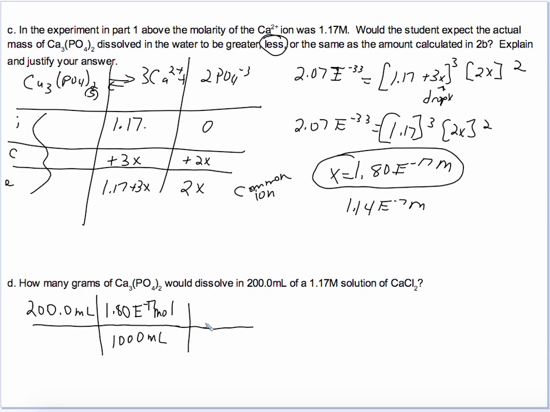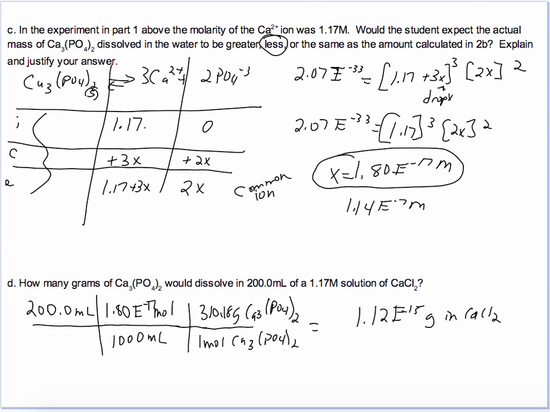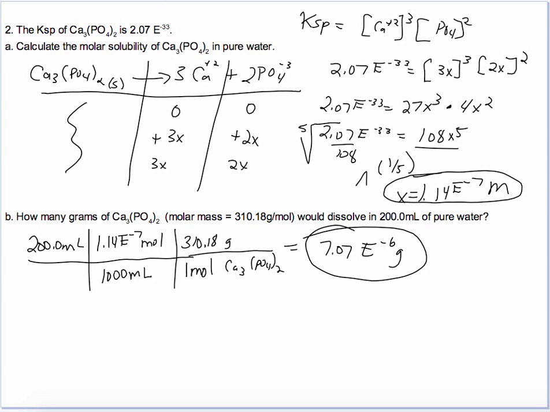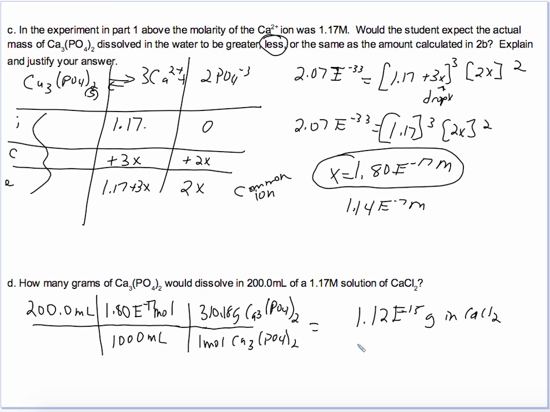There I'm using the molar solubility, the maximum molarity you could make in 1.17 molar calcium chloride. Then we change it to grams. 1 mole calcium phosphate, and the molar mass again is 310.18 grams calcium phosphate. If you do all that math, you get 1.12 e to the minus 15 grams in calcium chloride.